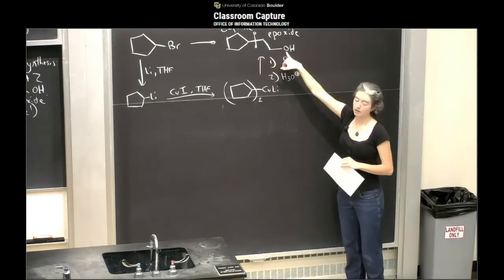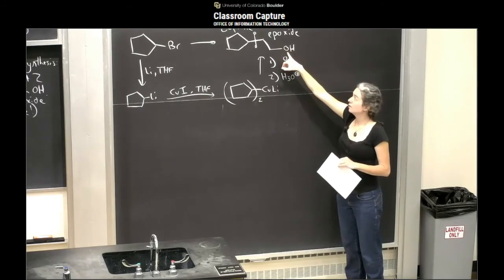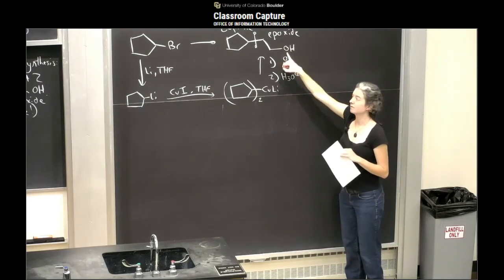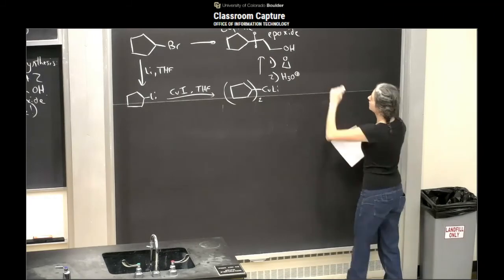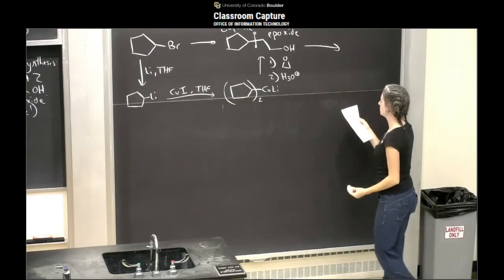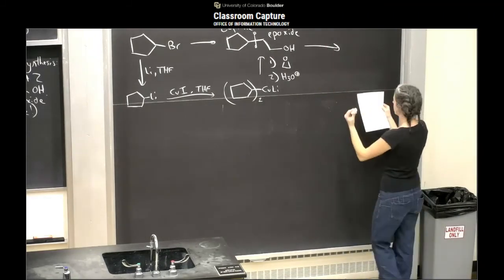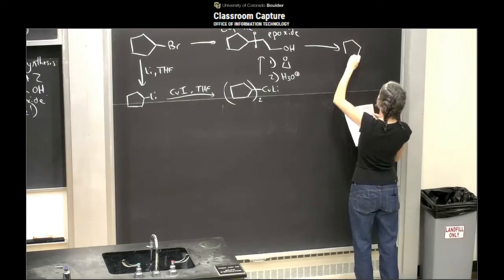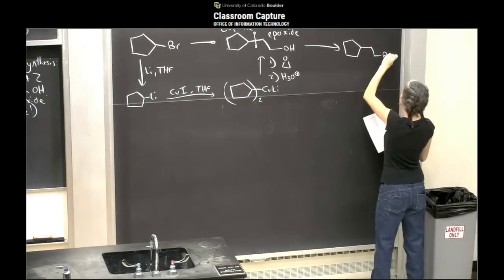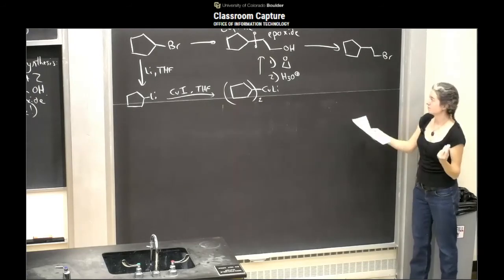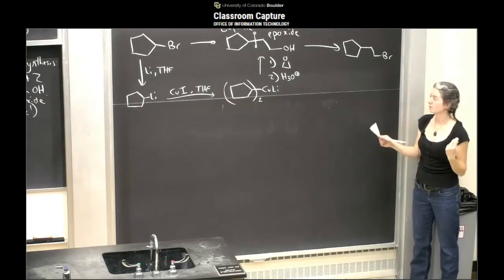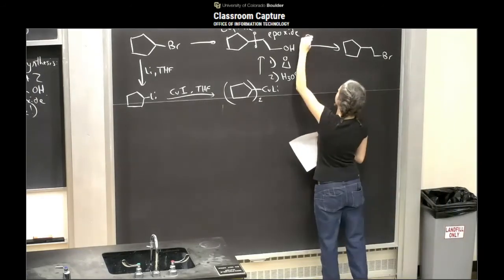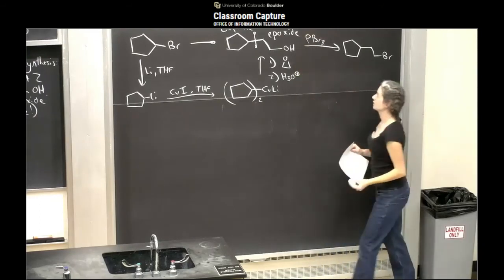And then if it happens not to be an OH specifically, you might have to do a little bit more work to get that functional group to be what you want it to be. So on the actual exam, I had you do one extra step where I wanted a Br there instead. So then the last thing you have to do is just do an OH to Br, which there's a couple options, but PBr3 is one of them.